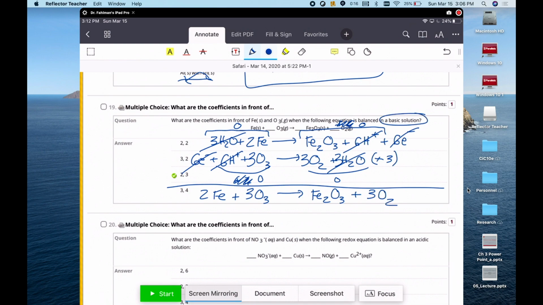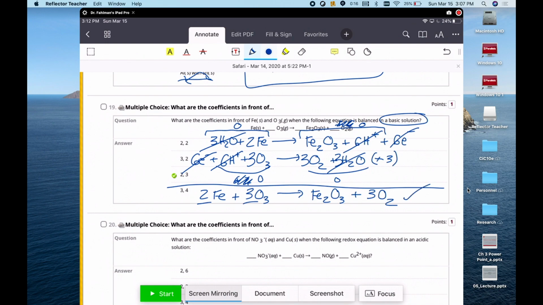It's said to be in a basic solution. In this case, since the protons canceled from both sides, we don't have any H pluses, so we don't have to add any OH minuses. And so this is it. It's asking what are the coefficients in front of iron and ozone? It's 2 and 3. So we are done.